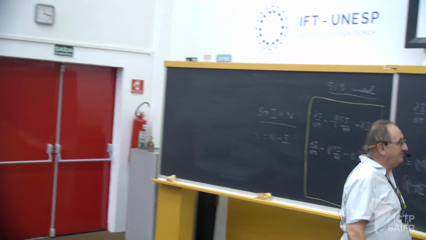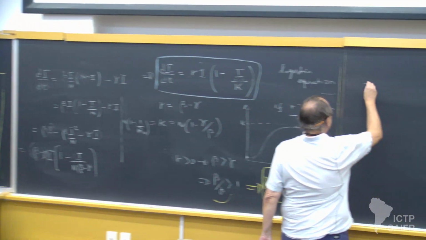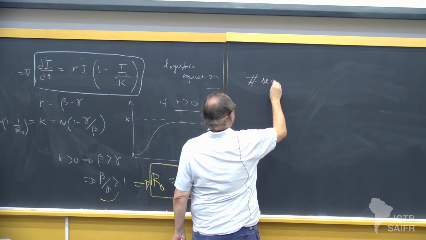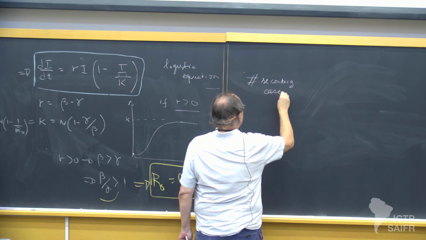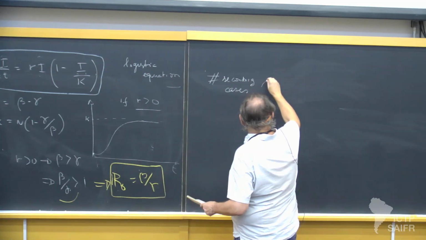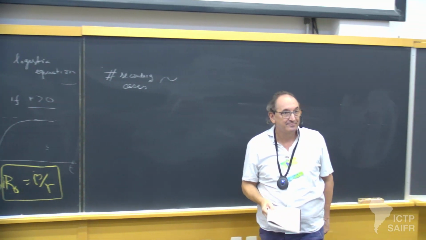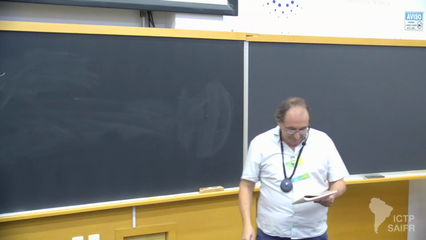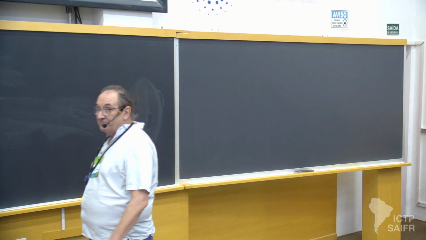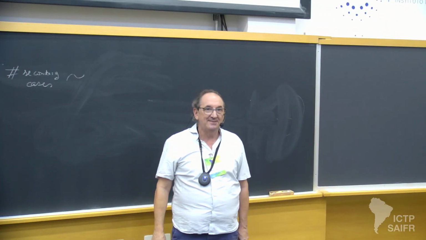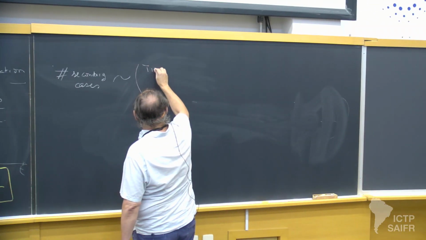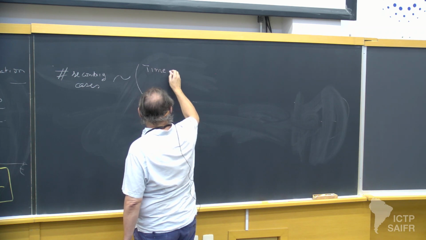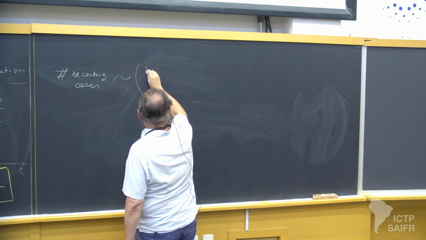So the number of secondary cases has somehow to be proportional to what? Well, to the time the person stays infective. Period of infection.